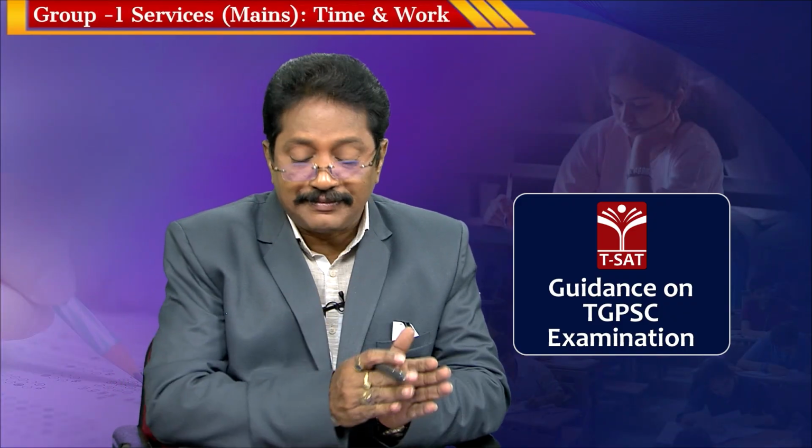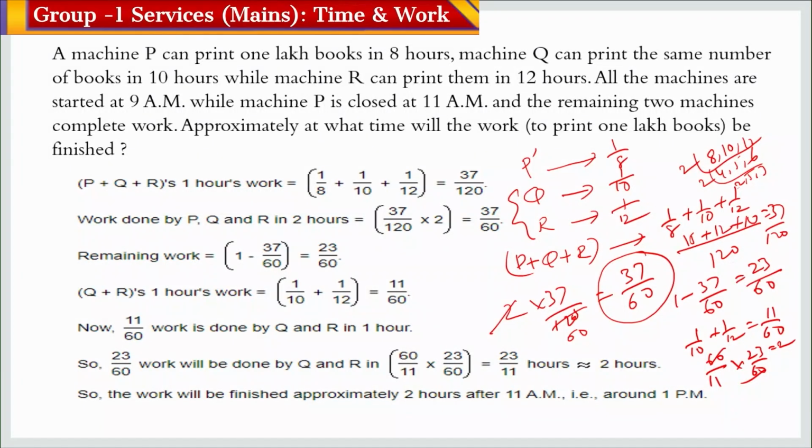From 11, 2 more hours, 11 to 12 and 12 to 1, Q and R work to print the books and complete the work. So how much time will it take? After 2 hours from 11, that is 11 plus 2, that is 1. So at 1 o'clock the work will be completed. In this manner you can calculate the answer.